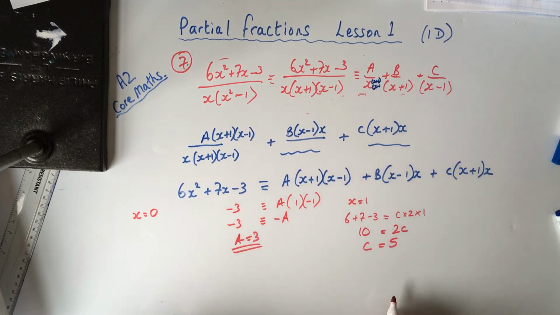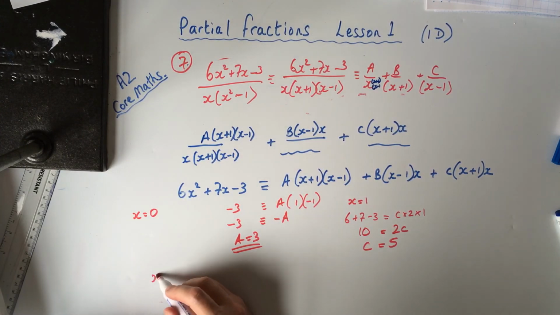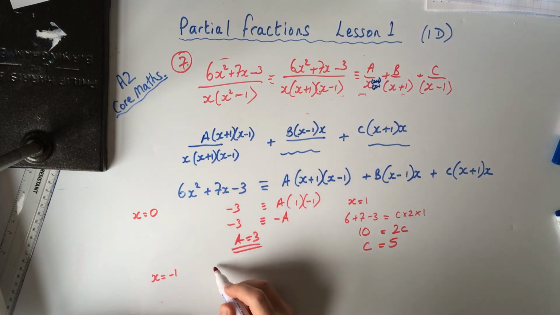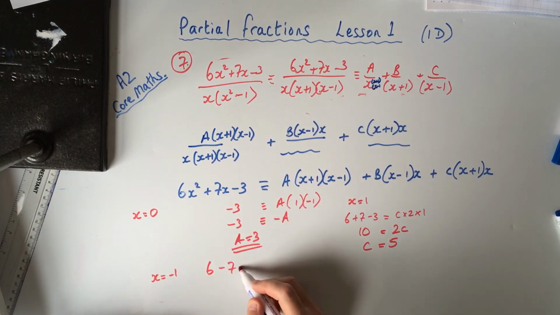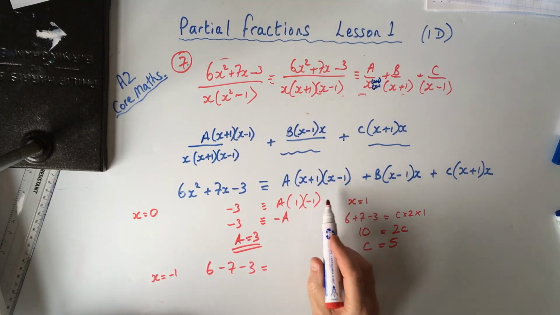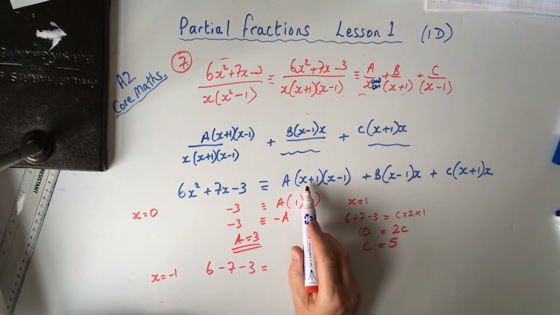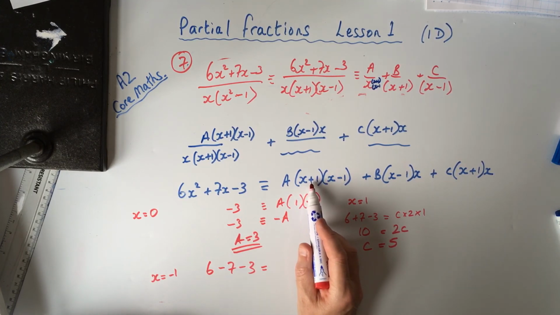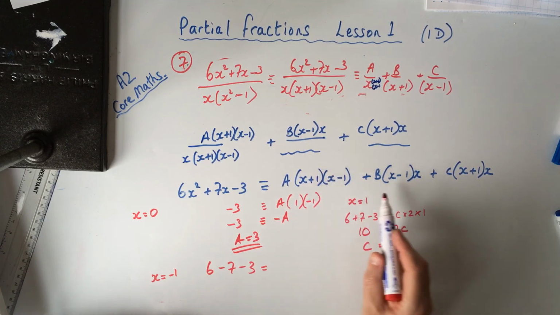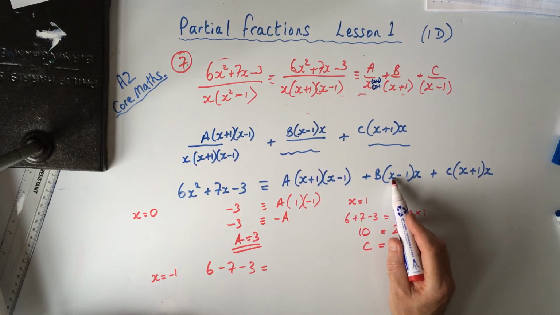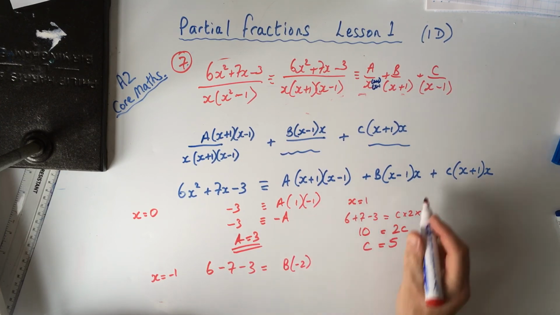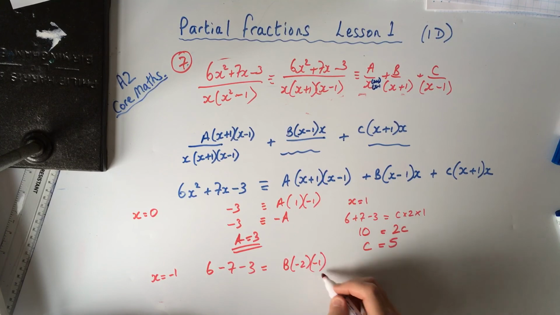so you can see that c is 5. Okay, and then the last one I'm going to go x is minus 1, and minus 1 squared is 1, so that's going to be 6 minus 7 minus 3 is equal to, now when x is minus 1, this is 0, so all of that is gone. This one here is minus 1, so it's minus 2, so that's b times minus 2 times minus 1.